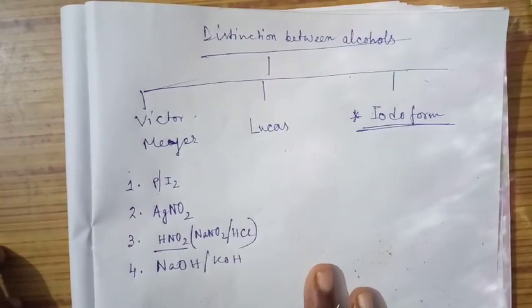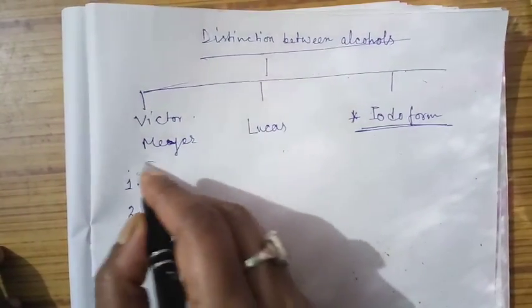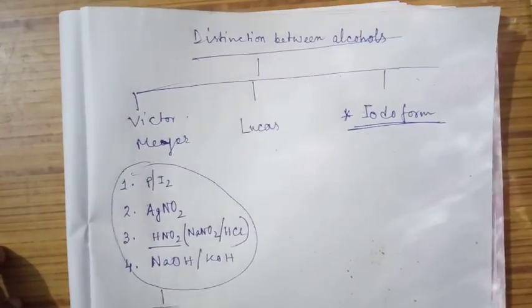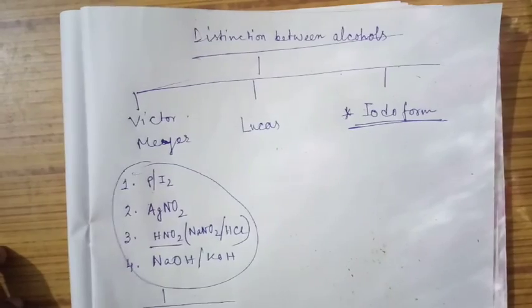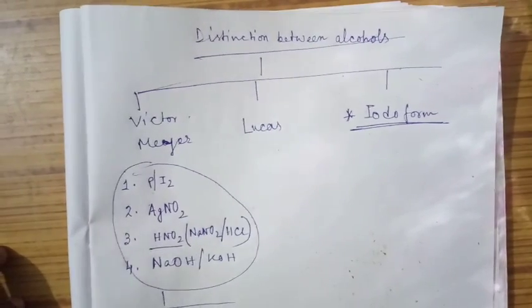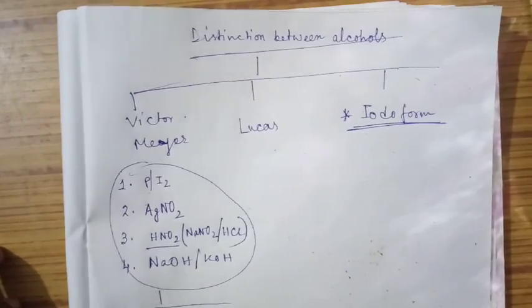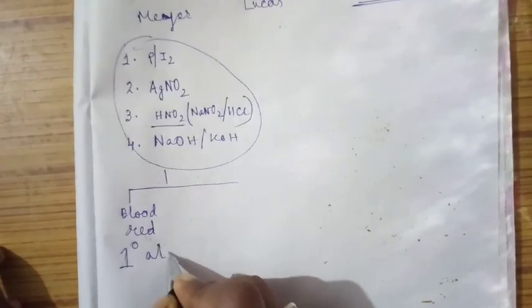Now after adding all these reagents, if you are getting blood red coloration, then this is primary alcohol.